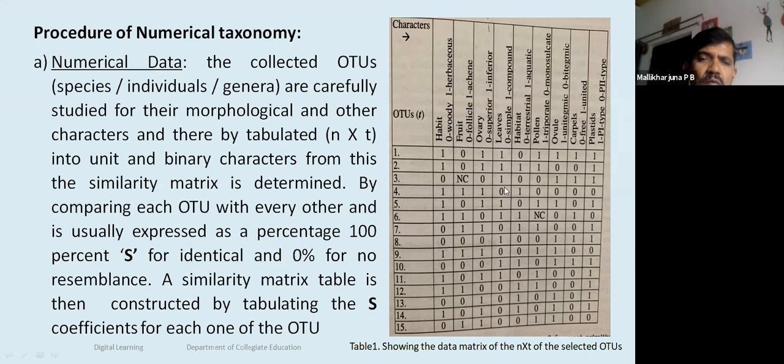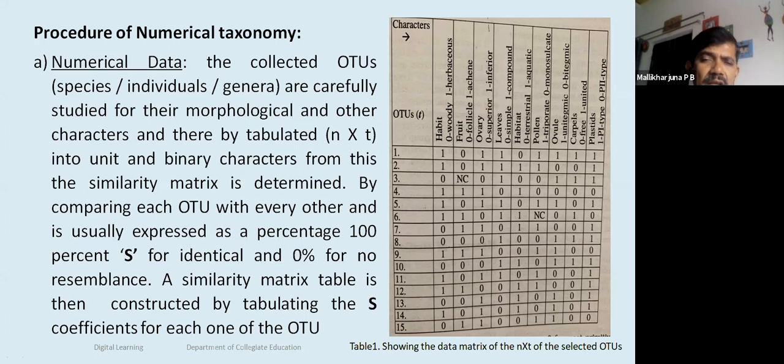So that is how we are going to observe all the individuals taken into account by observing their habit, habitat, root, shoot, stem, leaf, nature of the leaf, type of the leaves, arrangement of the leaves, and everything likewise: morphological characters, anatomical characters, cytological characters, embryological characters, biochemical characters.